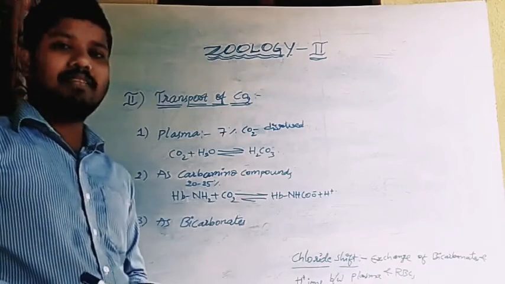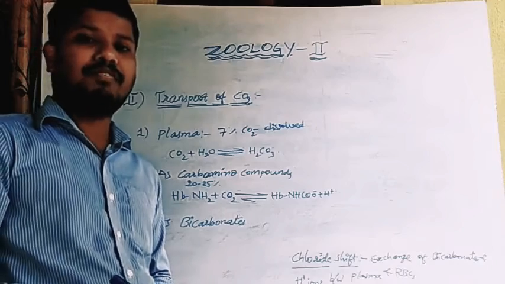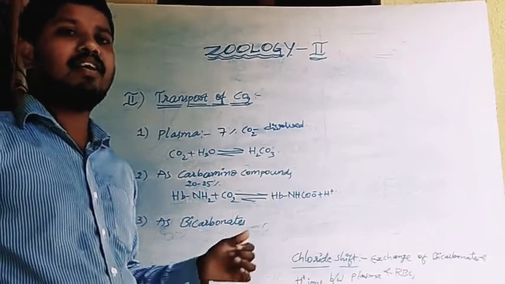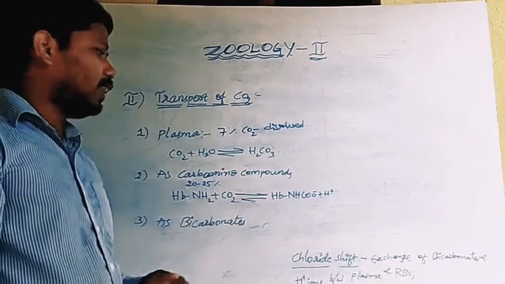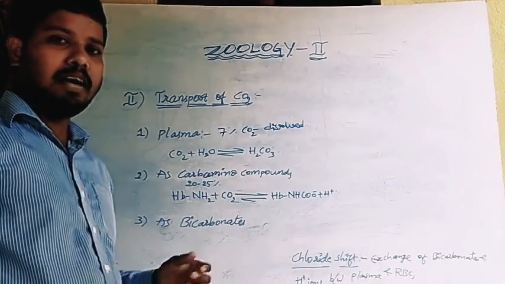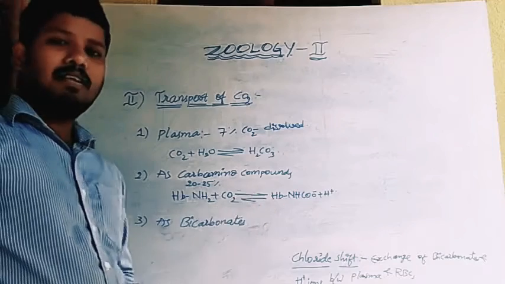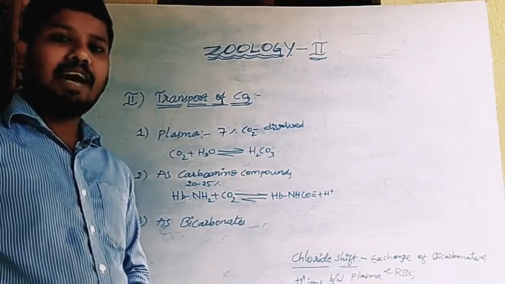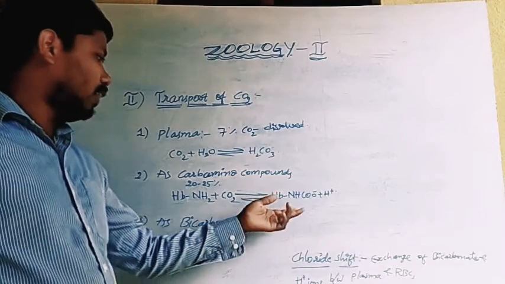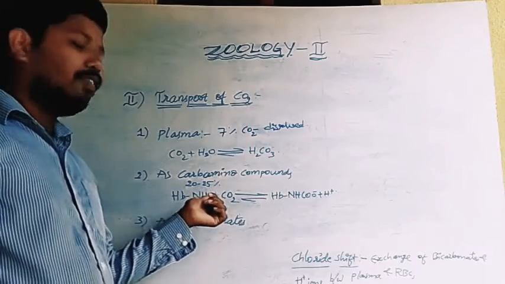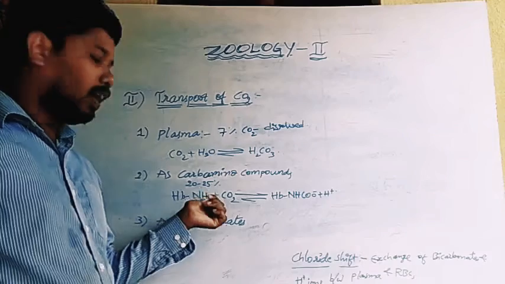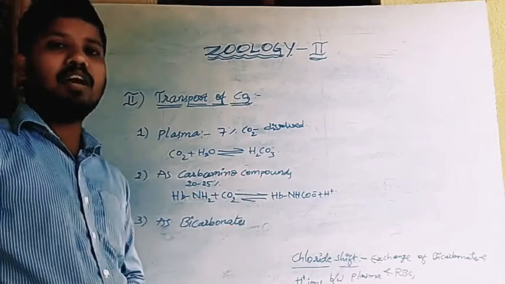This combination is dependent on the partial pressure of carbon dioxide. When carbon dioxide partial pressure is high, this formation is also high. When the partial pressure of oxygen is high, this compound dissociates into the free amino group of hemoglobin and carbon dioxide.